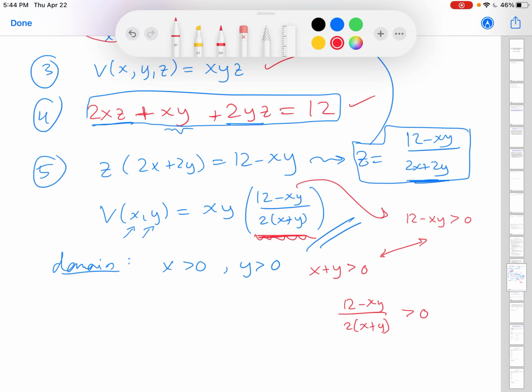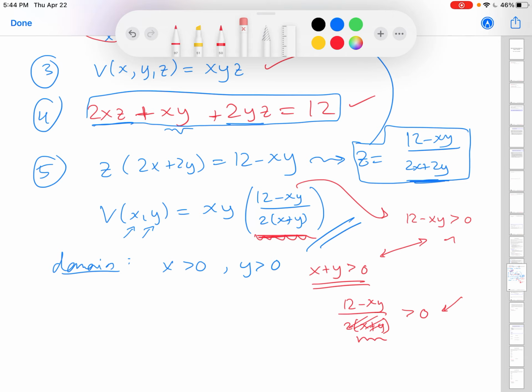But notice that if I want this to be bigger than 0, then two things happen. If x plus y is positive, which it should be because I don't want a negative number in the denominator, then when I multiply both of these inequalities by x plus y, I get this one.